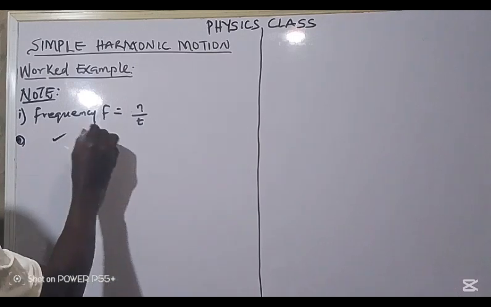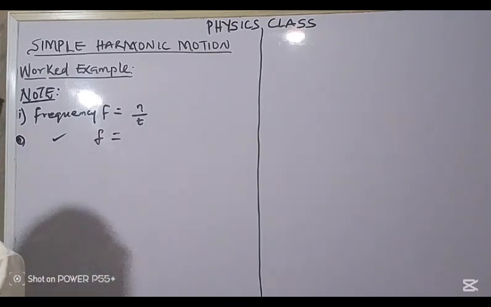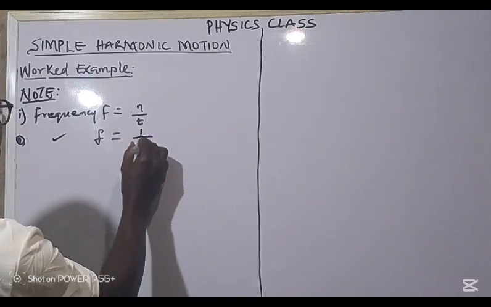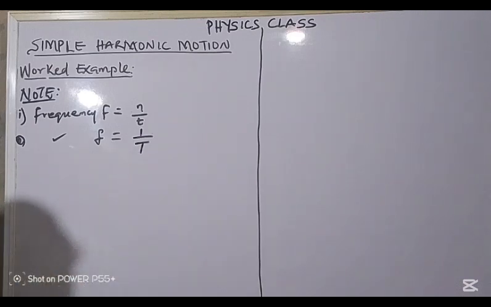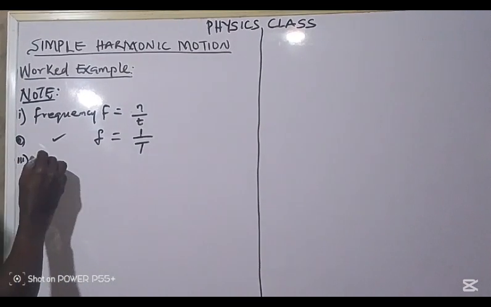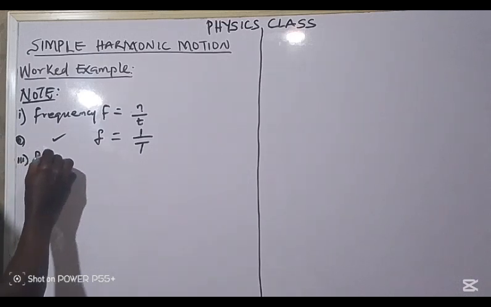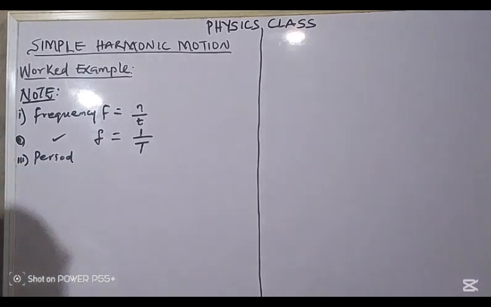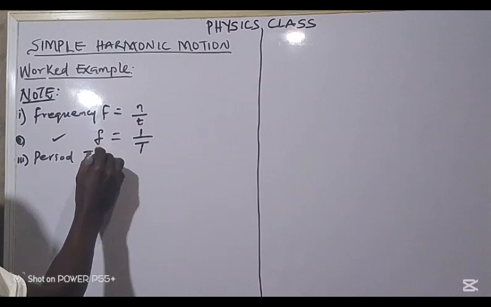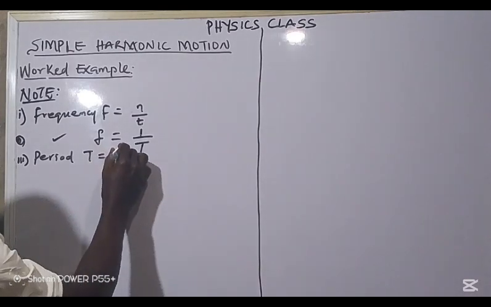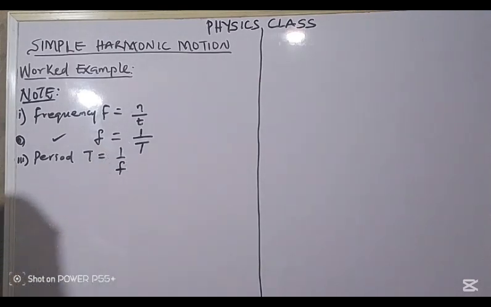At the same time, the same frequency is equal to 1 over T, 3. where capital T is the period. And from what I've written on the board, T also will be 1 over f.